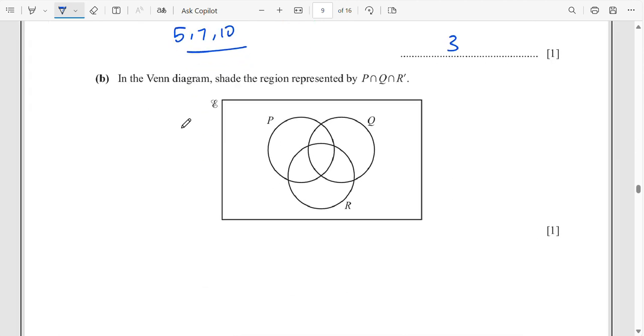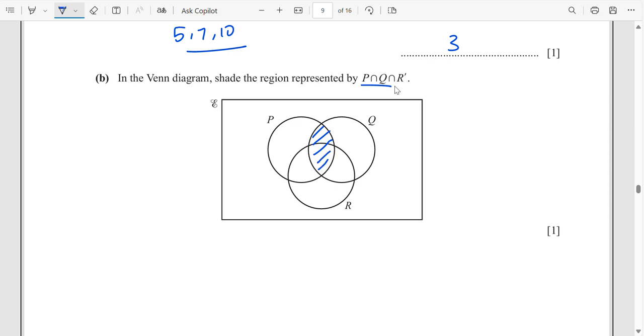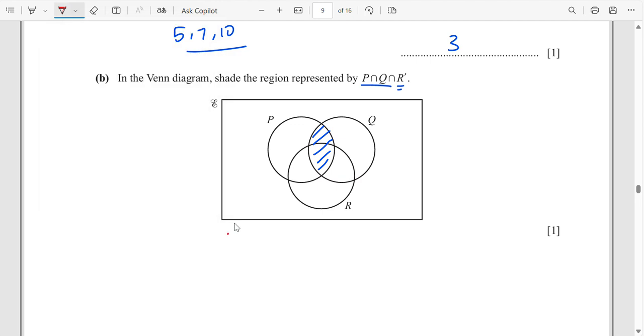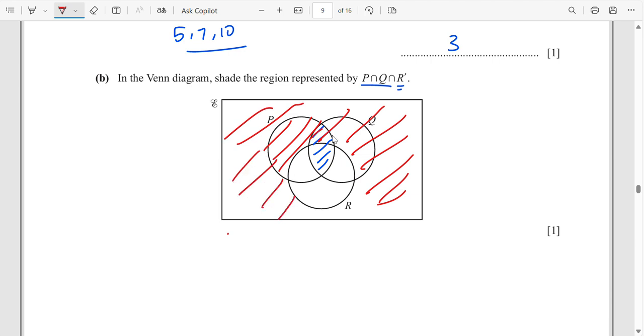In the Venn diagram, shade the region represented by P intersection Q intersection R complement. So let's first shade P intersection Q. So this is P and this is Q, so this is P intersection Q. Next we need R complement, which is everything except R. Now we need its intersection with this.